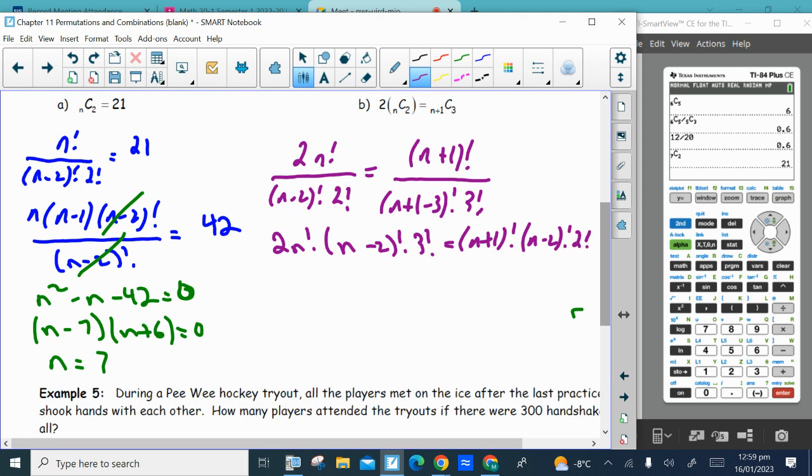So I cross multiplied. Whenever you have two ratios that are equal to each other, the cross products are equal. So now the first thing you should recognize is you can divide both sides by n minus 2 factorial. They cancel.